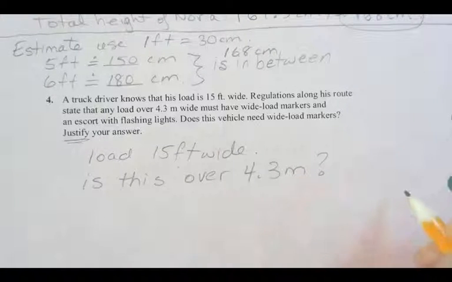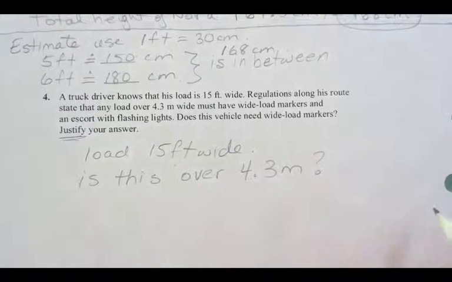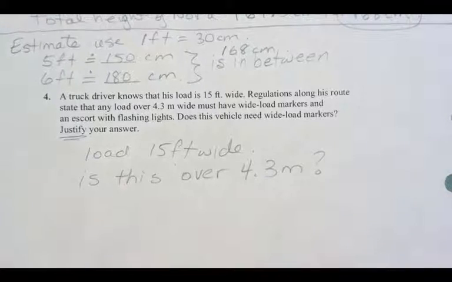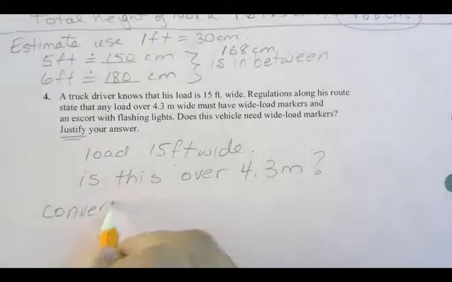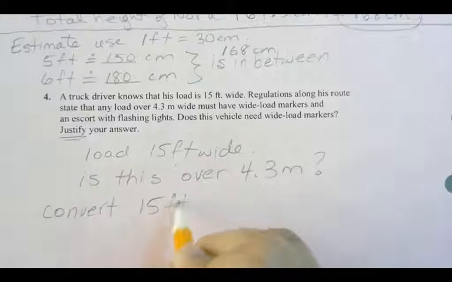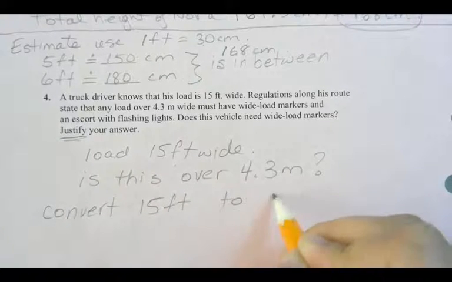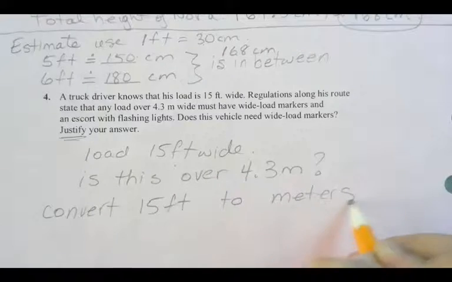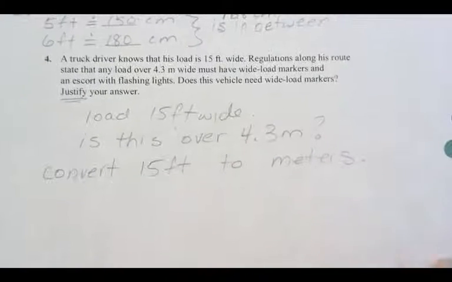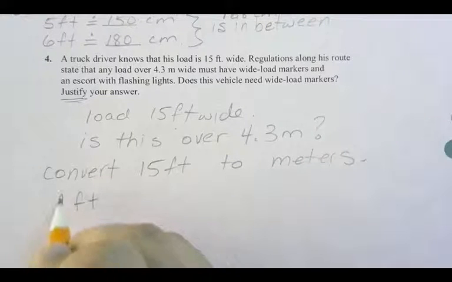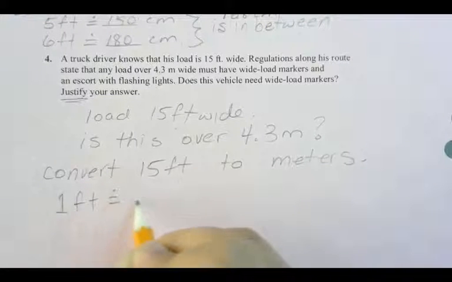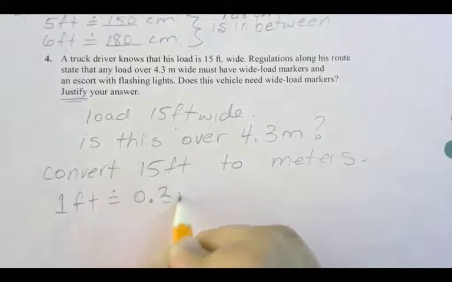And if it is, then we need to put markers on our truck. So how are we going to do this? We need to convert 15 feet to meters. All right, what's the conversion that we're going to use? 1 foot equals approximately 0.3 meters.